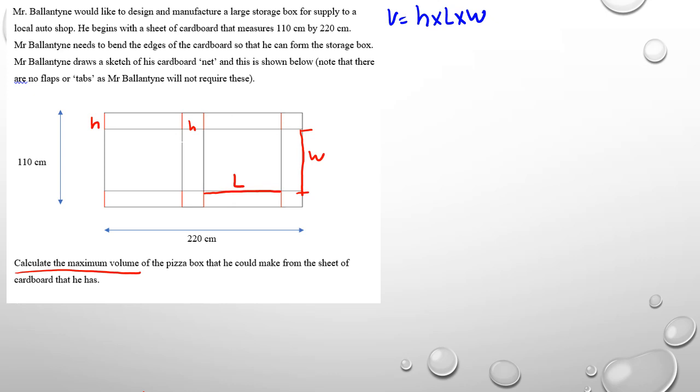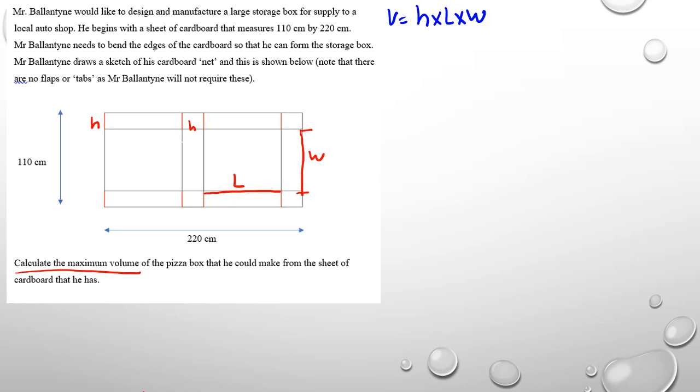Because I can't differentiate an equation that has 3 different variables, you will have to rewrite the length and the width in terms of h. Now the whole thing is 220, so if you half it, this bit is equal to that one.